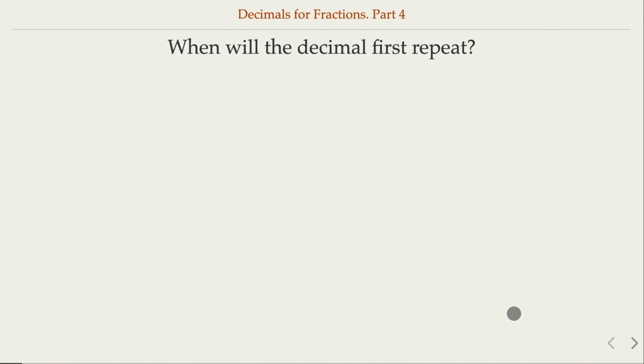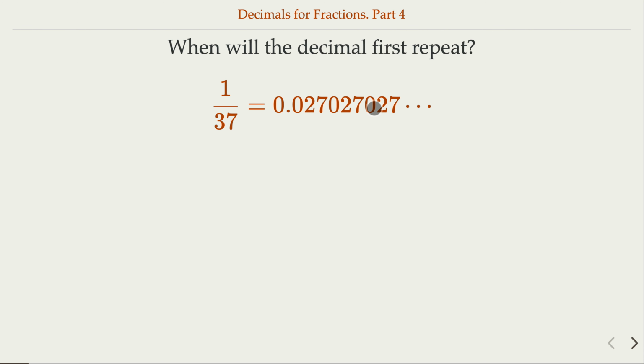When the decimal first repeats, then we will know the period length. We're going to start with a typical long division to figure out 1 over n. For example, 1 over 37, we know that it has period length 3, that is 027 repeating, 027, 027.